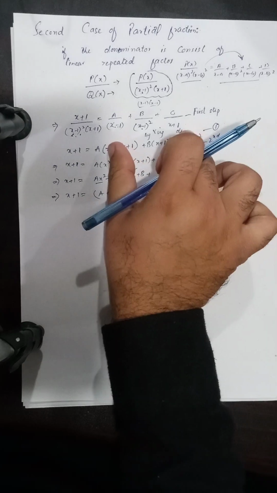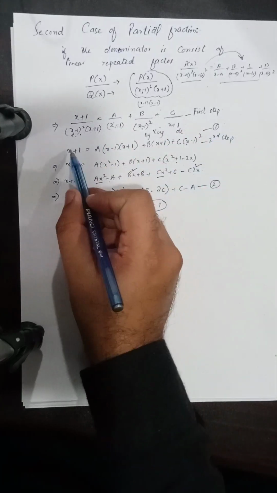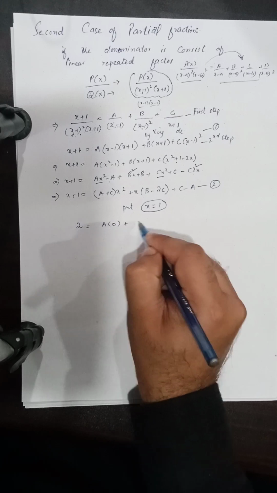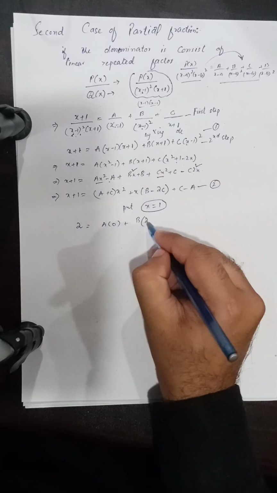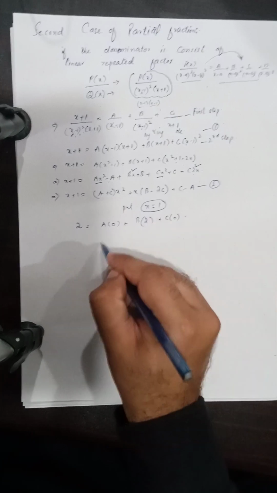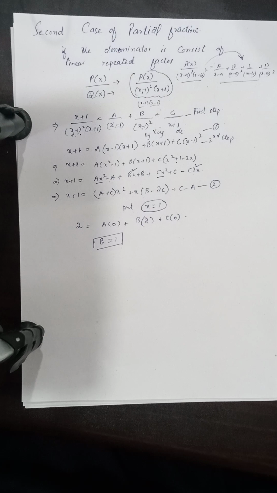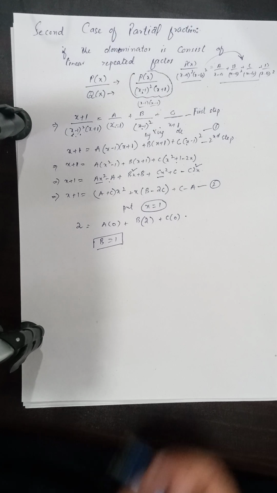Now in the first equation put x is equal to 1. So 1 plus 1 is 2, a into 0 plus b into (1 plus 1), which is 2, plus c into 0, so b is equal to 1. Understood?